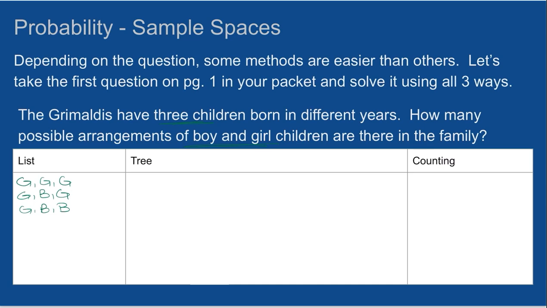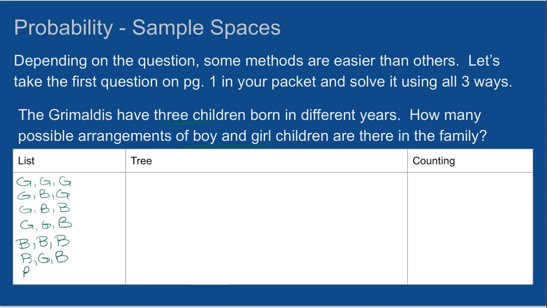They could have had a girl, and then a girl, and then a boy. Or they could have had a boy first, and then a boy, and a boy. Or they could have had a boy and a girl and a boy.